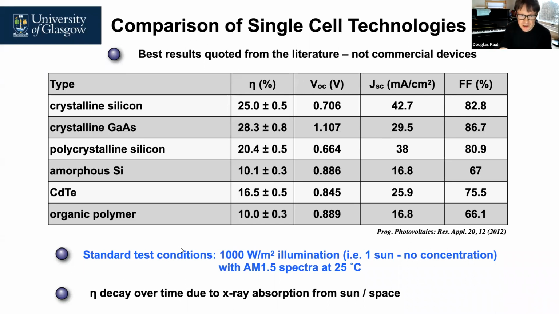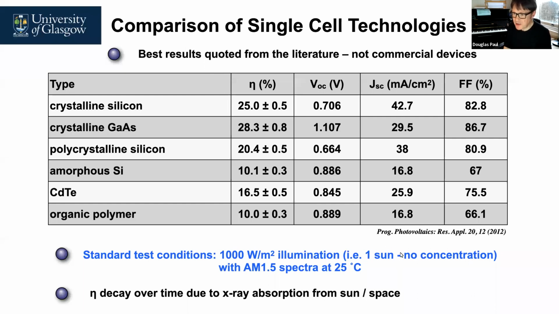And as you'll see here, the standard test condition for all photovoltaic cells is AM 1.5 spectra. So that's actually having the wavelength spectra of the sun with AM 1.5. So it's an integrated 1000 watts per meter squared illumination. It's at what's known as one sun.